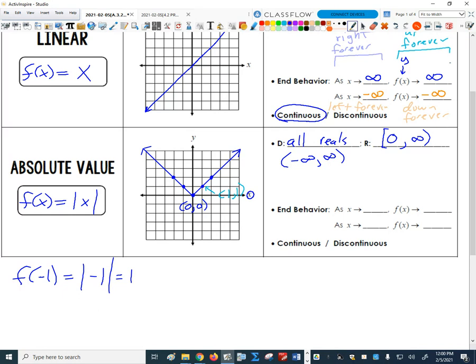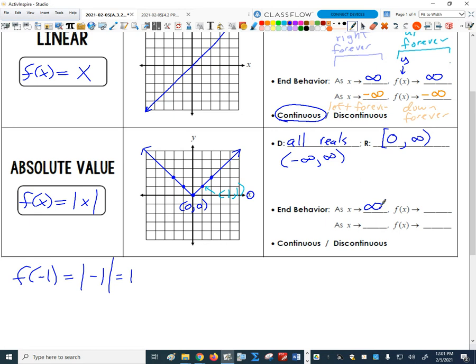So as x approaches infinity, what does y approach in this case? As x approaches infinity, Devin, what does y approach? It does, doesn't it? Right?